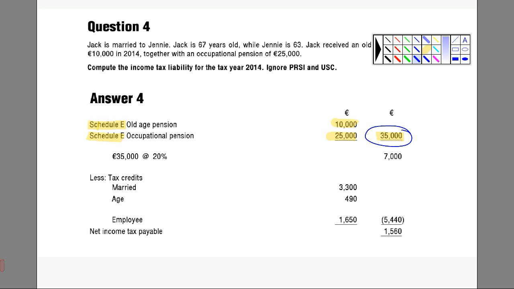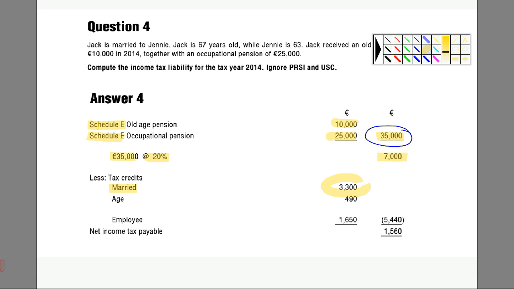What do we do with that? Well, he's a married individual, so he would have, in normal circumstances, an increased band at 20%. So that's why the 35,000, or all of it, is being taxed at 20% to give us 7. Now, in terms of the tax credits, the normal tax credit, married person, seems okay for the moment. We'll see that 3,000 is kicking in.